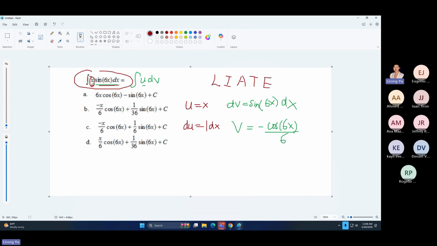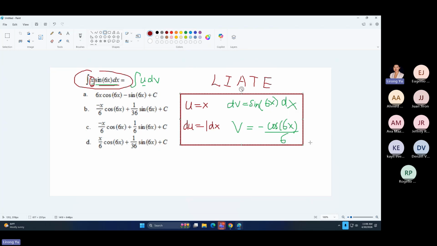Now we set this whole thing up because we want to know how to apply the integration by parts process. The process says, according to integration by parts, this is equal to u times v minus the integration of v du. This formula is the integration by parts formula.